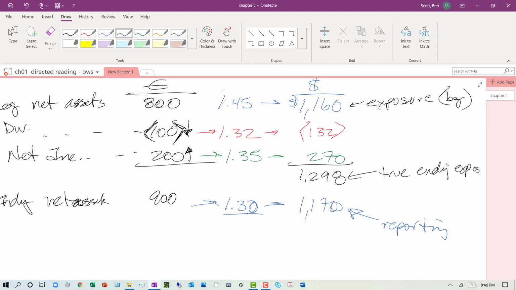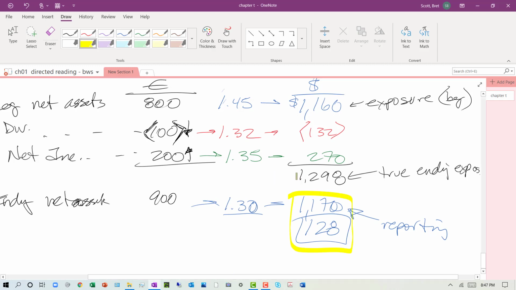I need to reduce this. Or should I say, let me put it down here. I'll add 128 to that 1170. And when I do, that's going to get me my 1298. My true ending exposure.